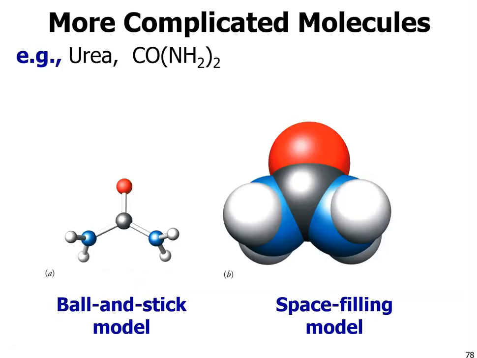Here are some examples of more complicated molecules: urea, CO(NH2)2. So we can also draw this out or write this out. If I wanted to create this molecule, I have the carbon in the middle, an oxygen up here, and then I have two NH2 groups.